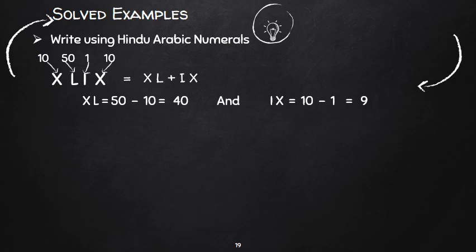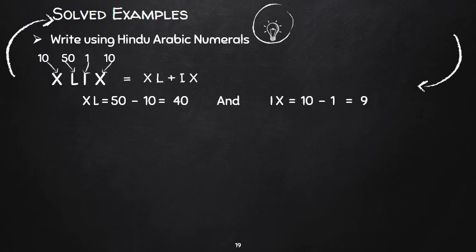In XL, the value of L is 50 and the value of X is 10. Since X is a smaller Roman numeral which is written to the left side of the bigger Roman numeral L, we will subtract the value of X from the value of L. So it is 50 minus 10, which is equal to 40. And IX.